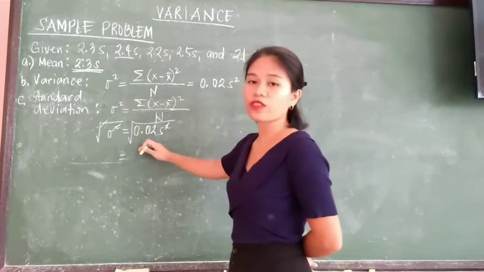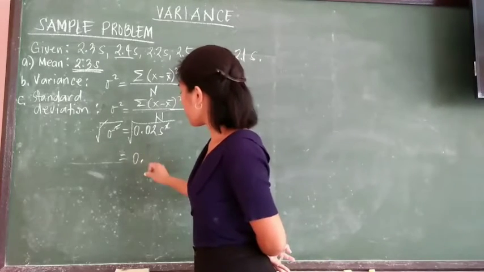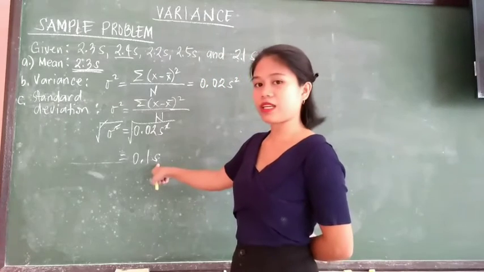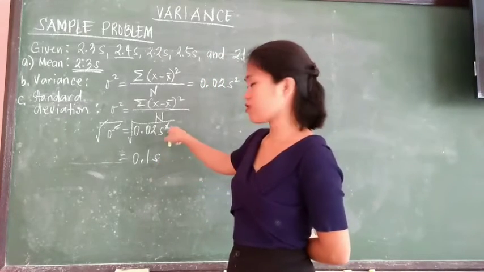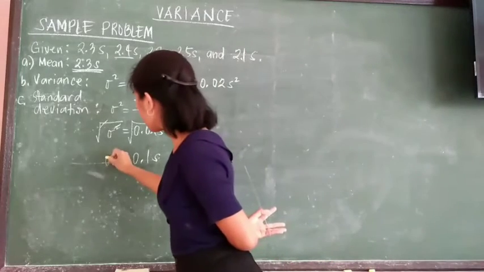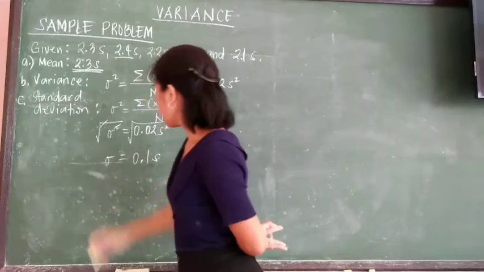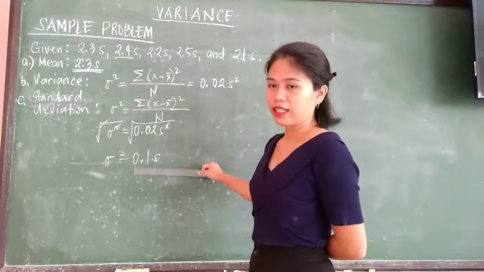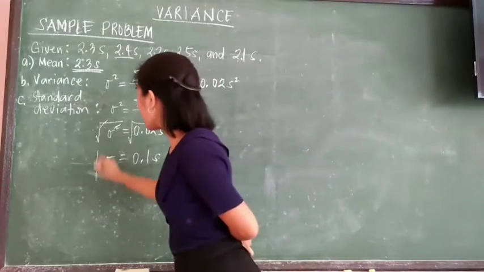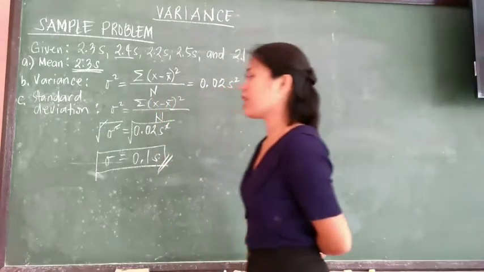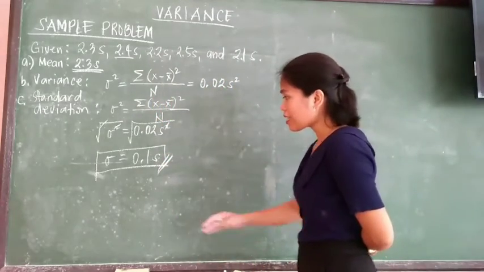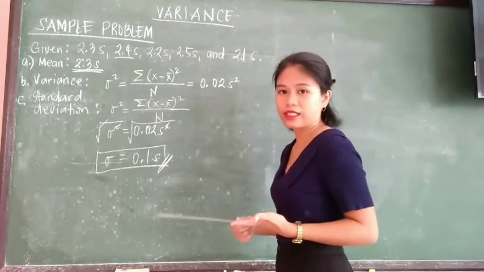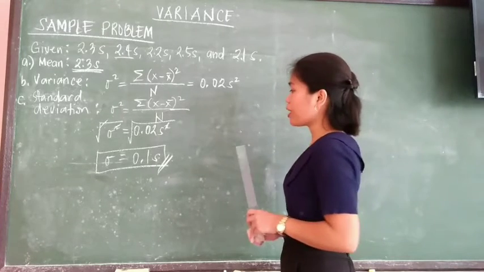Square root of 0.02 is equal to 0.1. What's left for the unit is second only because the exponent is cancelled already. So sigma is equal to 0.1 second. And this is already our standard deviation, meaning the level of uncertainty in the set of measurements taken by the 5 students in the given problem is 0.1 second.